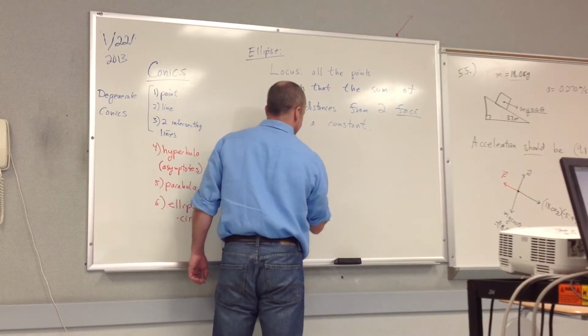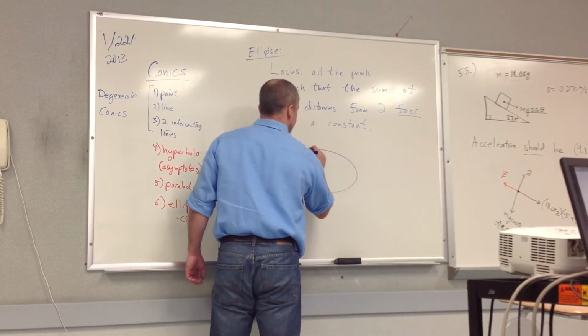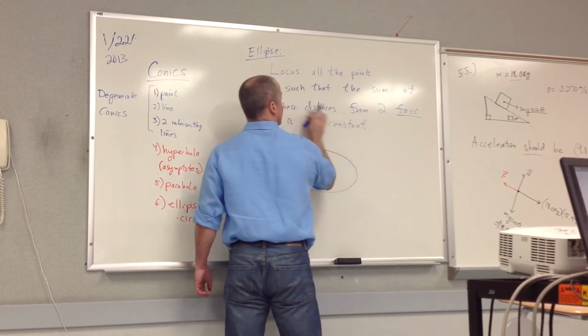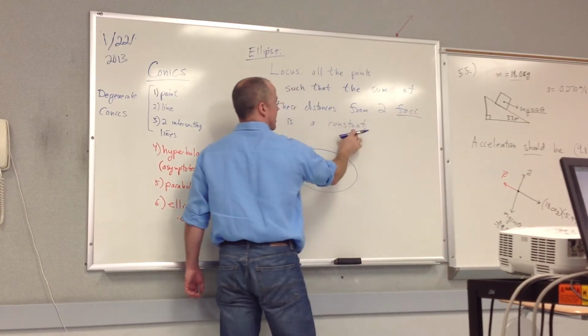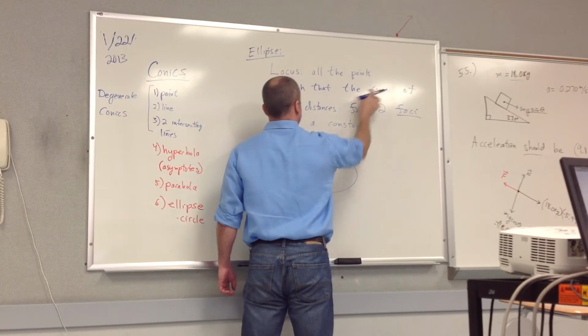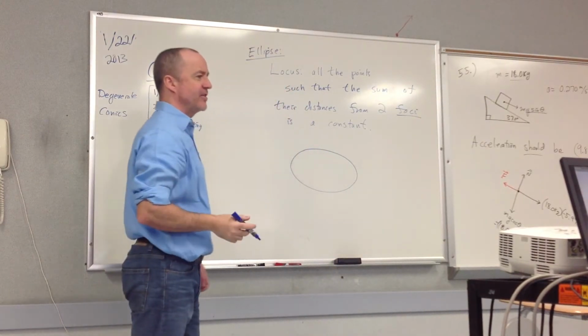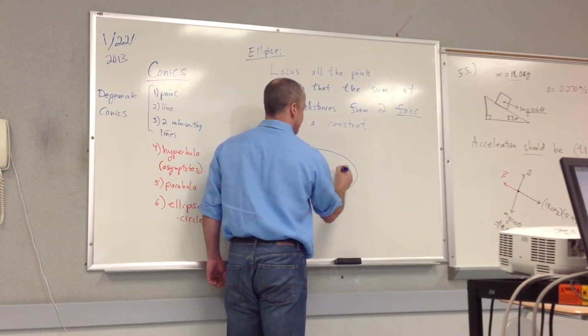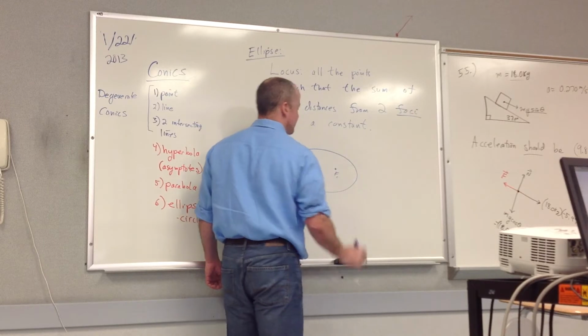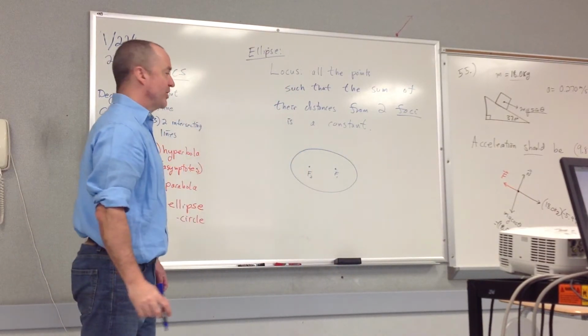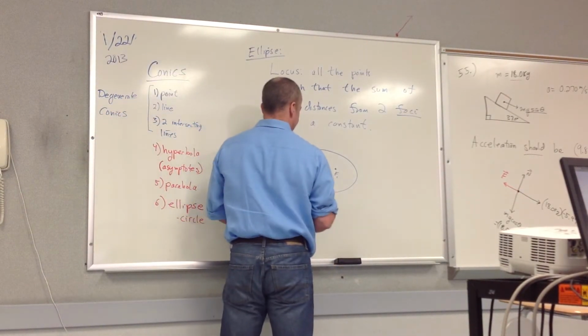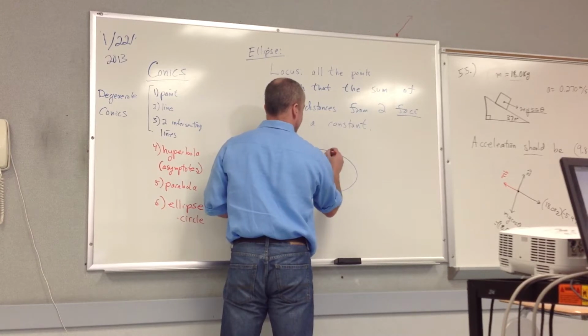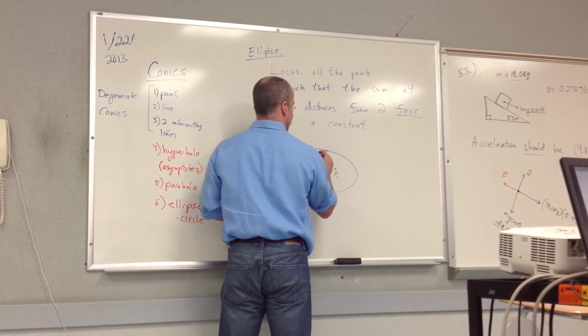but the sum of their distances from two foci is a constant. Sum is the noun, is the verb. I think I'm on good grammatical ground here. So an ellipse has two foci. Focus 1, focus 2. What that means is, from this focus, you get a distance.